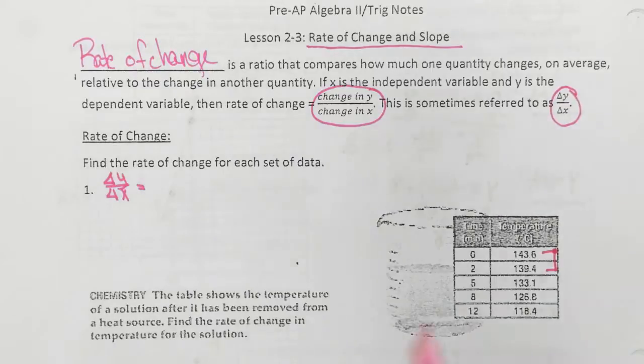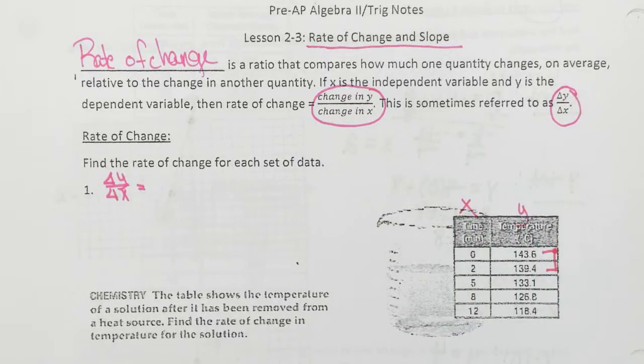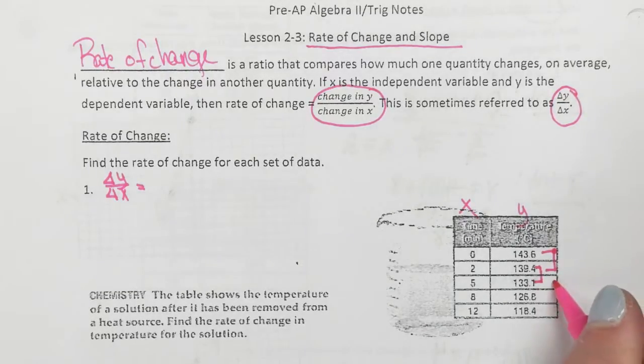Very good. Time is always your x, and y is your temperature, right? Now be careful. What's my next pair that I'm going to compare? 2 and 5. Very good. All right, what's my next one? 5 and 8, and one more.